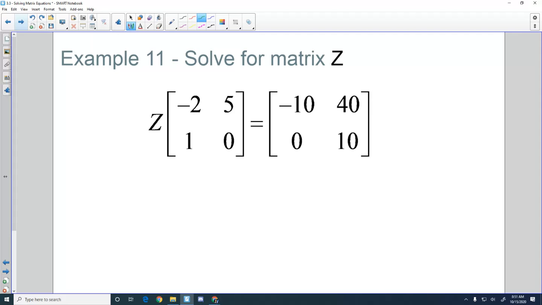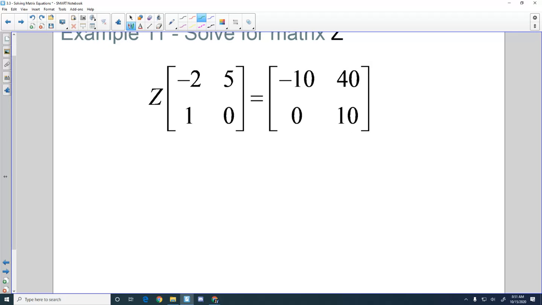So here's the idea. If we represent this with letters, essentially like matrix Z times matrix Y equals matrix X. And I want to get matrix Z by itself. So to cancel out matrix Y, what we need to do is multiply Y by its inverse, right?